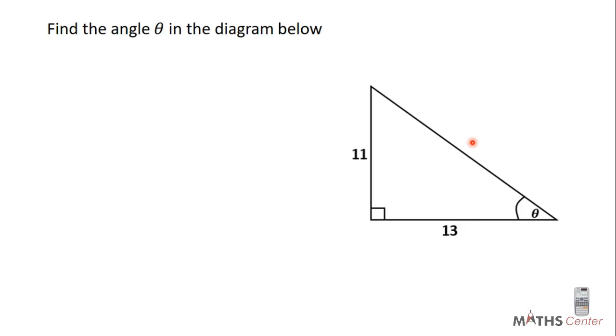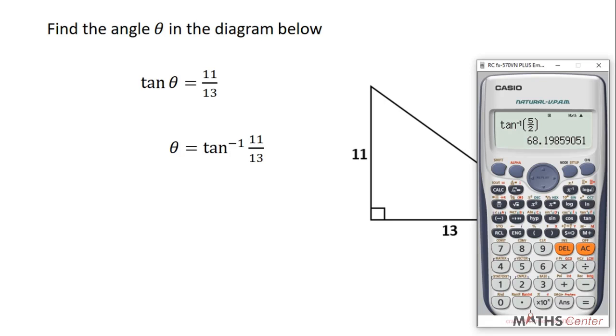It means that we are going to use tan. Tan theta is equal to opposite, which is 11, divided by the adjacent, which is 13. So theta is equal to tan inverse of 11 divided by 13.